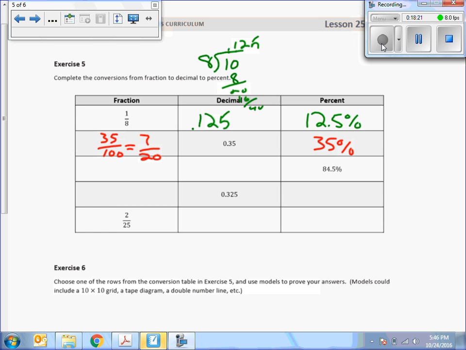Now we're given the percent. To move it to a decimal, we move the decimal place 2 places. So this is 0.845. That's tenths, hundredths, thousandths.